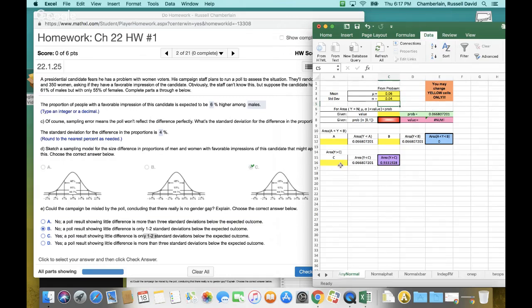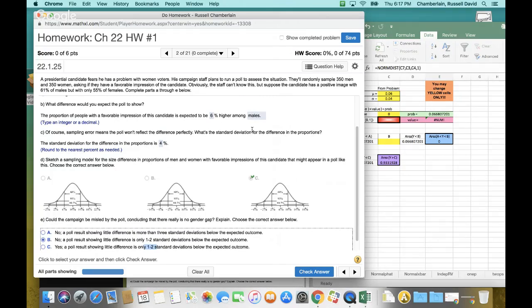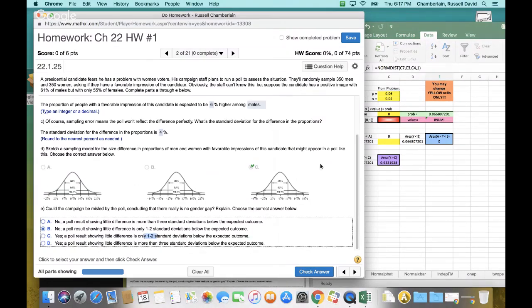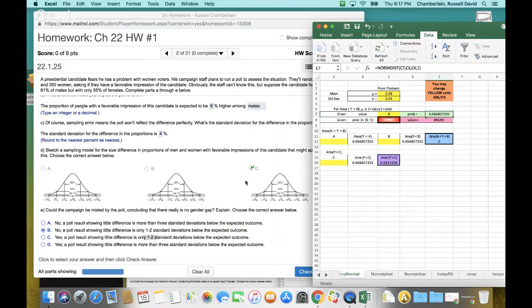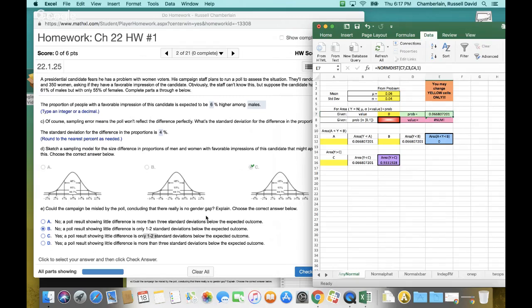What's the chance that y is less than 0? Let's just ask. What's the chance that y is less than 0? 6% of the time. So the value 0 happens a little more than 5% of the time.